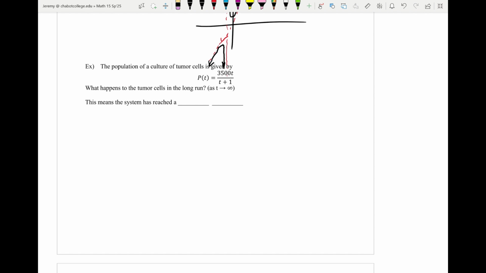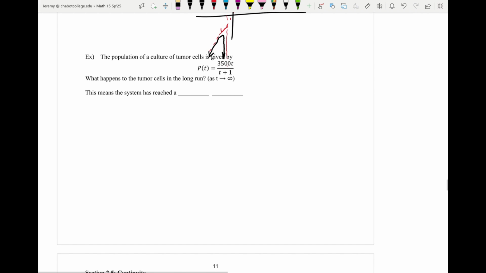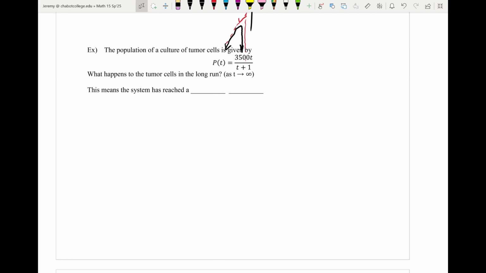Is it going up? Is it dying off? Is it staying the same? How would we figure this out? So if we want to know what happens in the long run, this is essentially as t gets really, really large, right? As time goes on indefinitely. So mathematically, we can figure this out by looking at the limit of p of t as t goes to infinity.